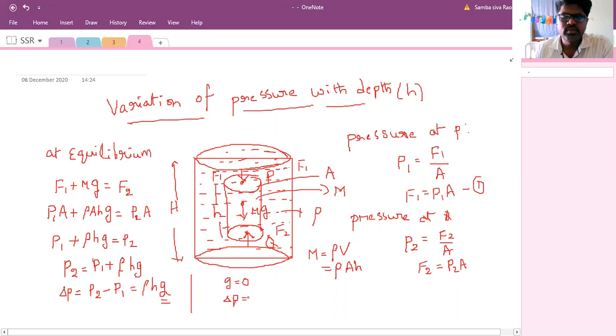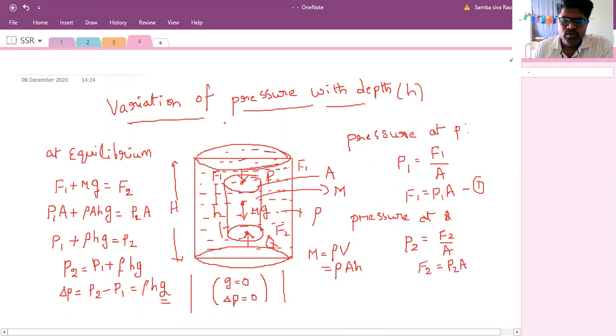That means vertically also the pressure will be the same at all points. So the pressure changes vertically only because of gravity. You have to understand this. Are you clear on this point?